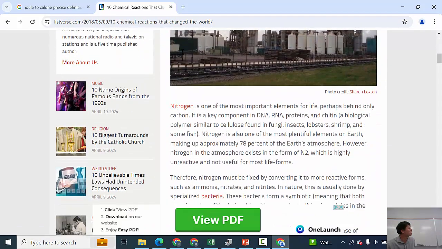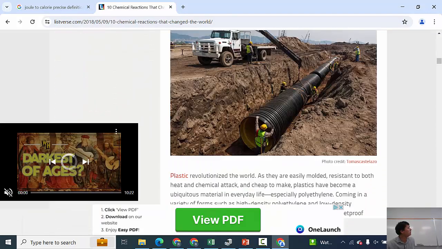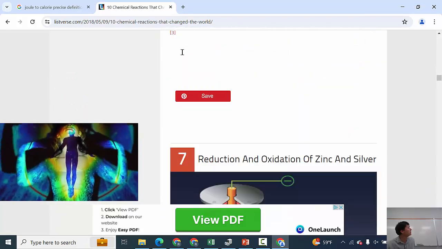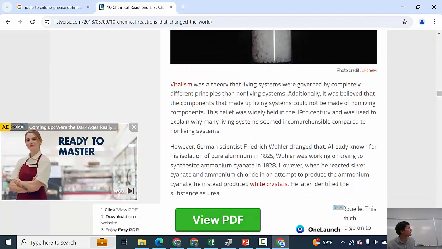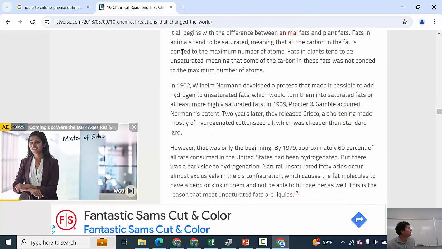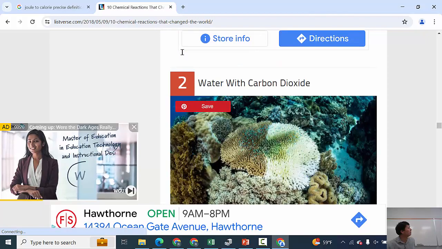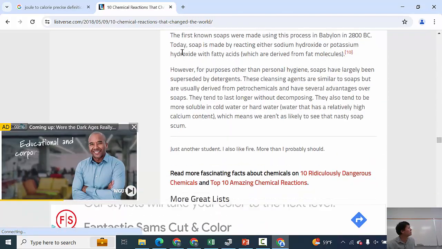Ammonia synthesis, which is, we looked at the decomposition of ammonia, but the reverse process is for sure one. Polyethylene, combustion of hydrogen, reduction of zinc and silver, synthesis of urea, PCR, fat hydration. This is ozone destruction. Water with carbon dioxide, saponification.